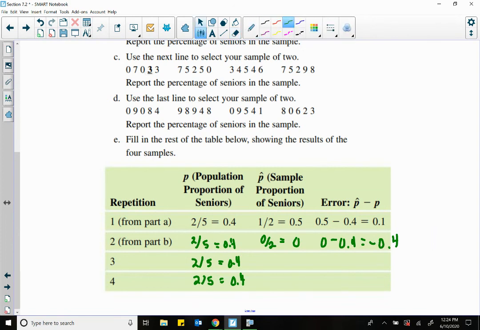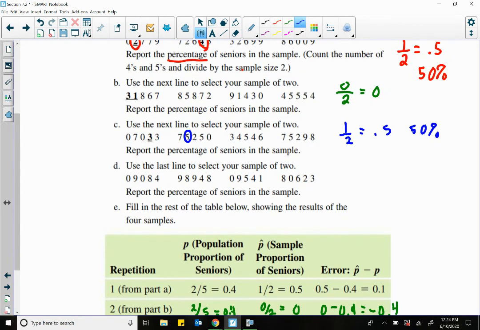Okay? Now we just do C. Notice they're going to start taking away the underlines for us. So here was the first person chosen. Skip 3. Skip 7. The next person chosen was 5. So here are the two people. How many seniors do we have? 1 out of 2, which is 0.5 or 50%, because they actually do want the percentages up there.